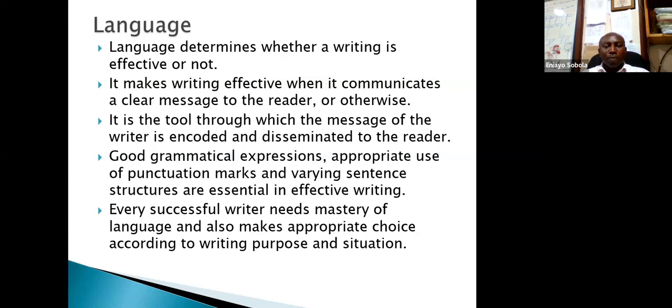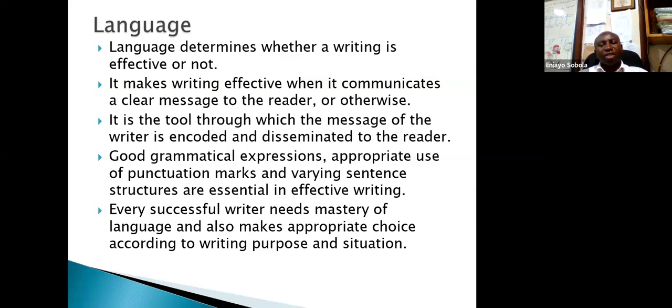And the tool will help you to package and encode the information in your write-up. So, language helps in construction of the information of the writer and helps in dissemination to the reader. And good knowledge of the language enables the reader to comprehend the message of the writer.